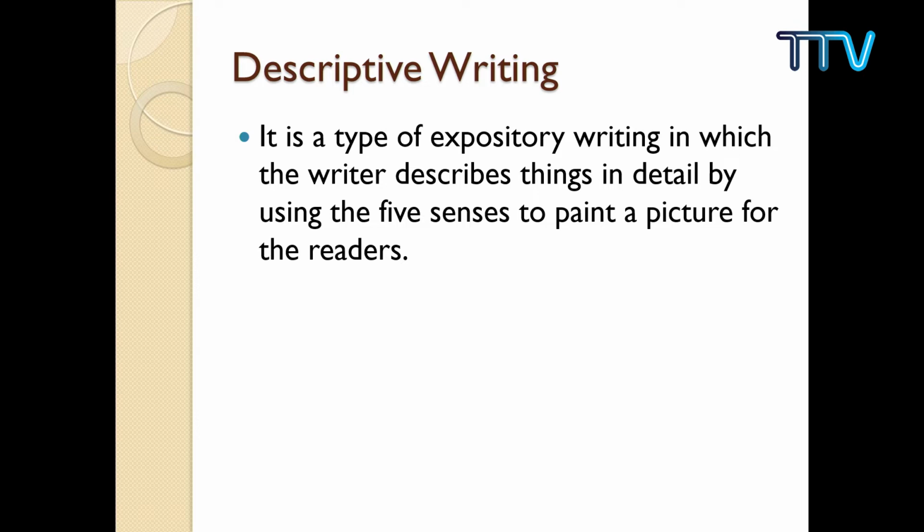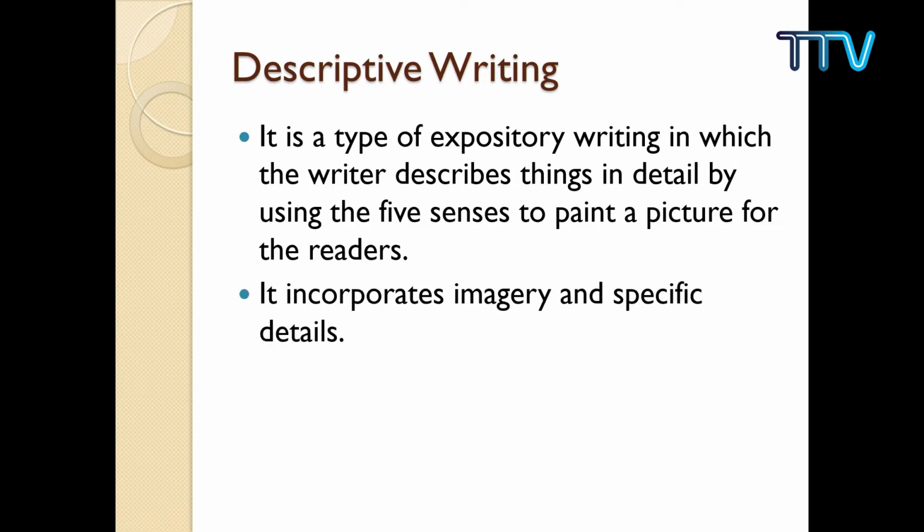So descriptive writing is a type of expository writing in which the writer describes things in detail by using the 5 senses to paint a picture for the readers. It incorporates imagery and specific details, so details are a must.